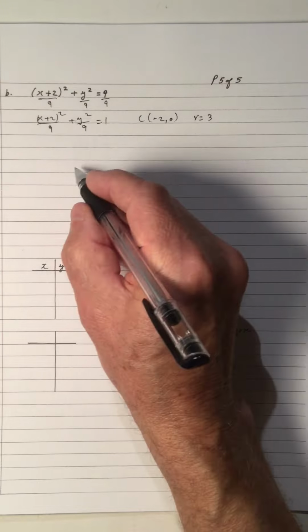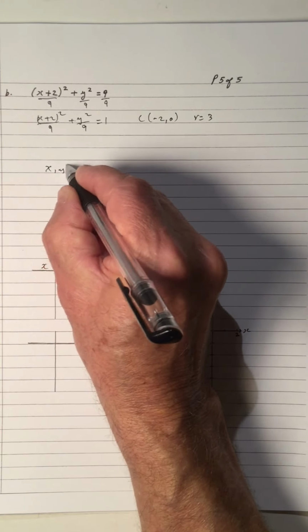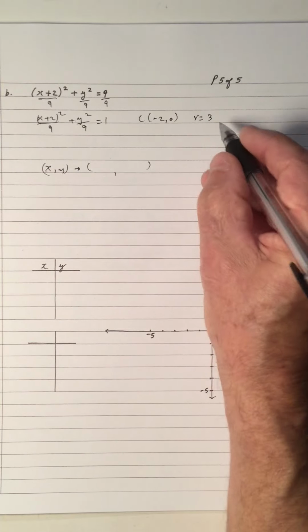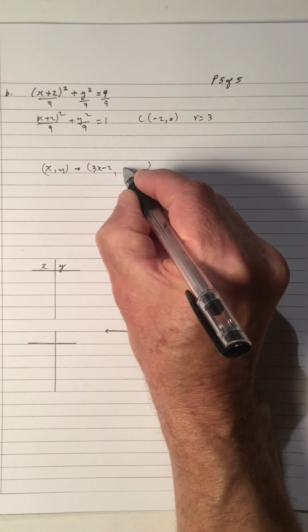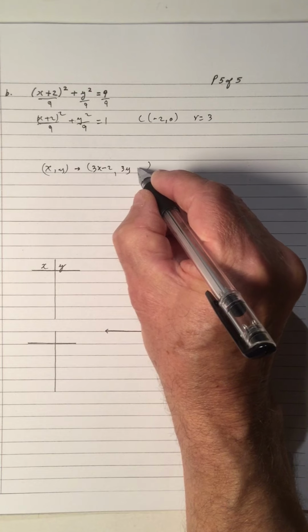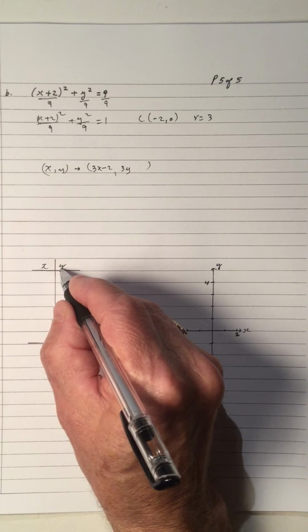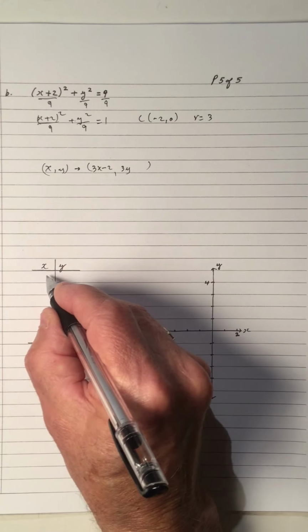So we have a mapping rule, this x comma y. And we have 3 is the radius, so 3x minus 2, and there's a 3y minus 0, which is just 3y. So this is the unit circle right here, and so the coordinates of the unit circle.